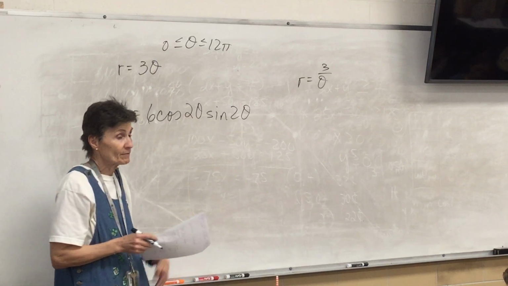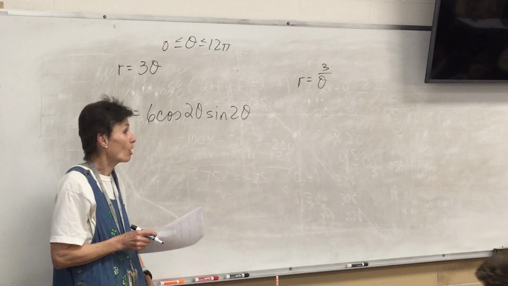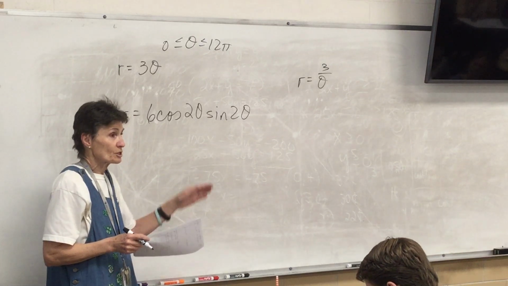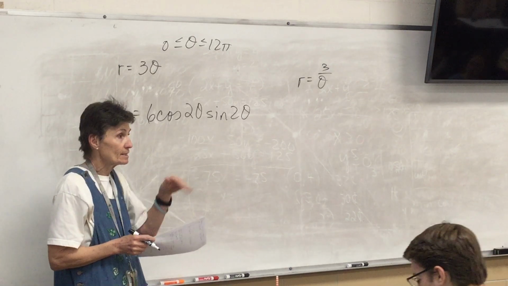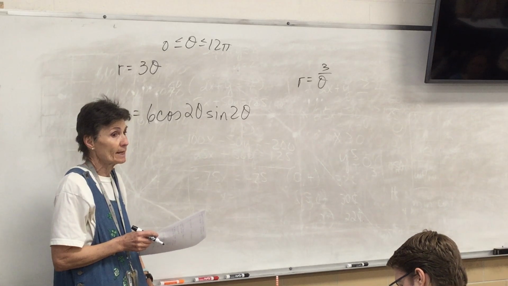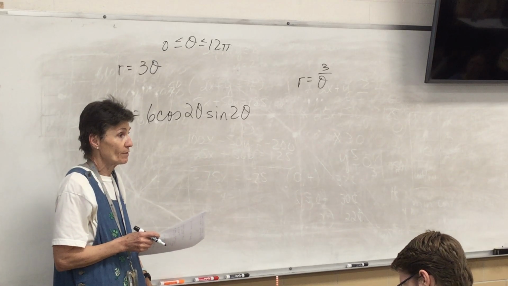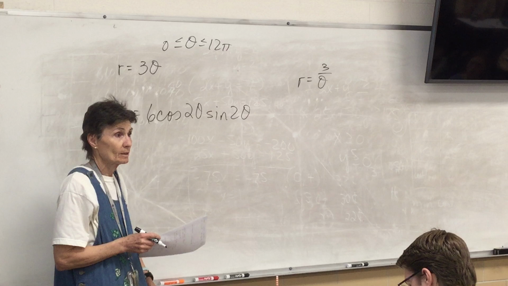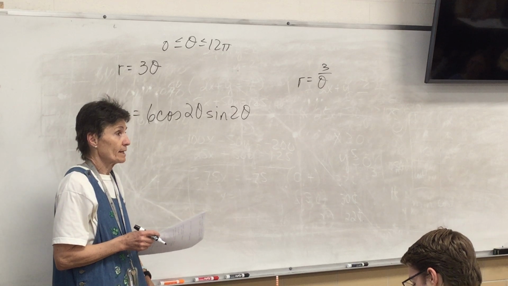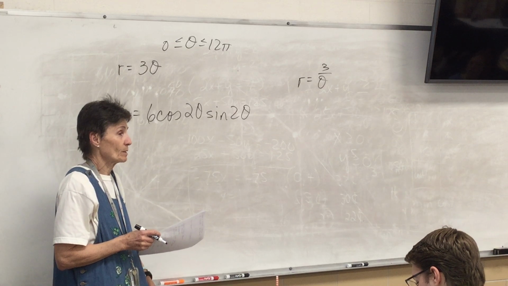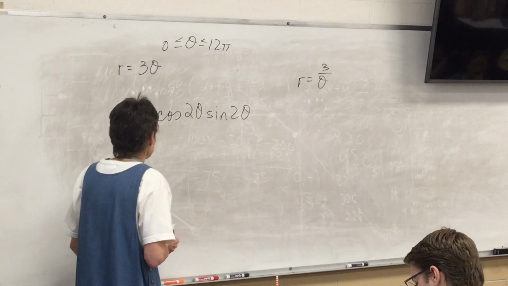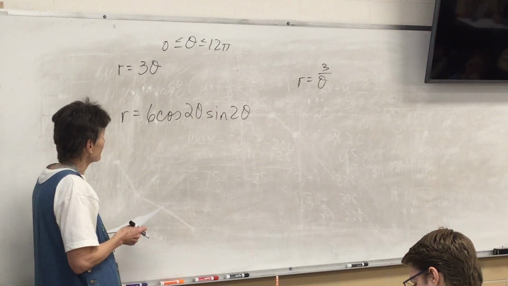It can have a very strong indentation, making it a heart shape. Or it can just kind of be slightly indented or relatively flat on one side. And all of that depends on the numbers in the problem, right? All right, so we said lemniscate and limacon. What's the other one? Rose. Yep, it's a rose. Okay.